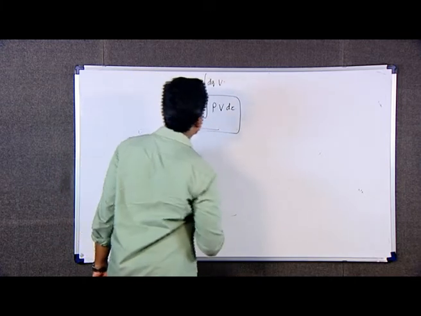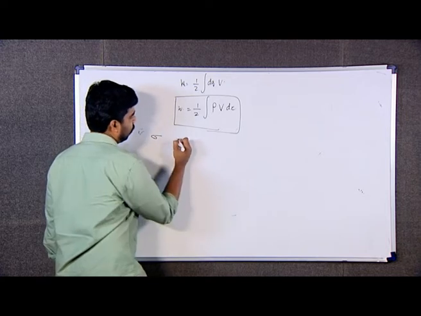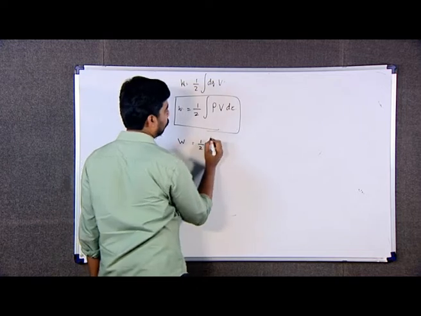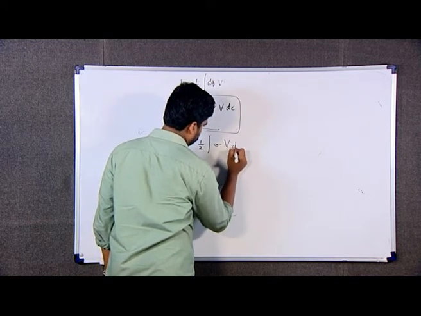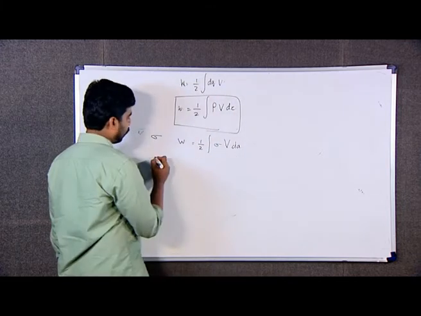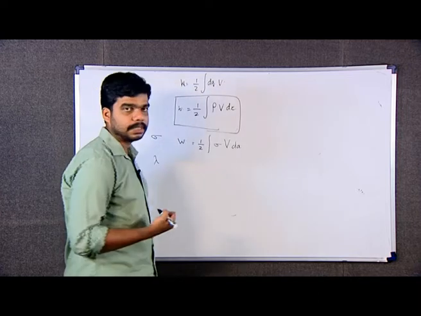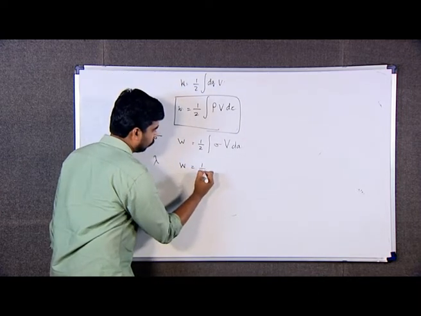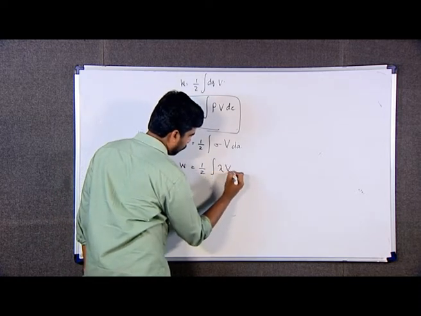Similarly, for a surface charge density sigma, the work done is equal to half into integral sigma V dA. And for a linear charge density lambda, W is equal to half into integral lambda V dL.